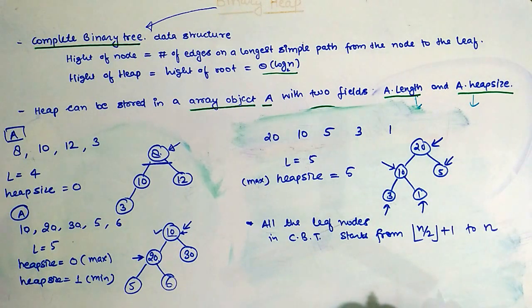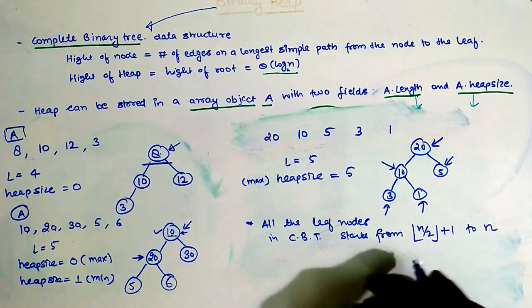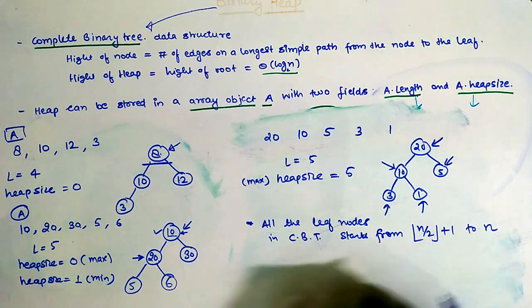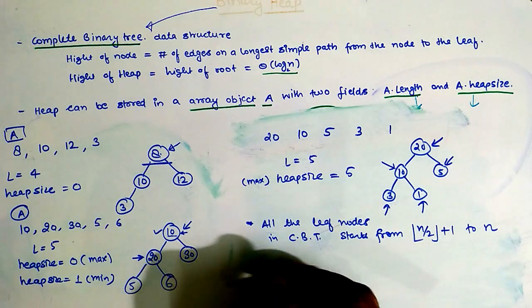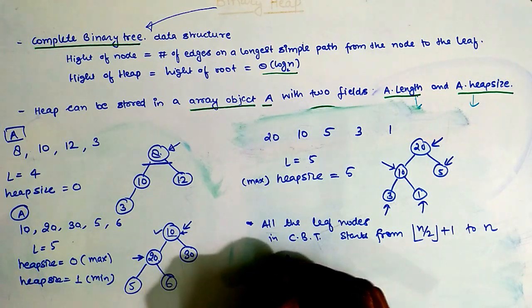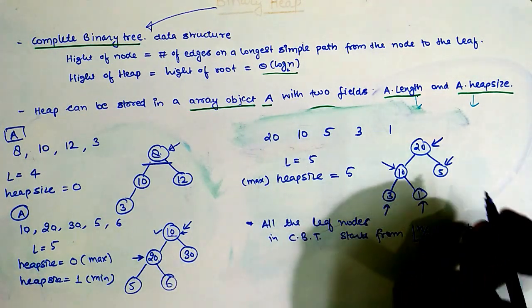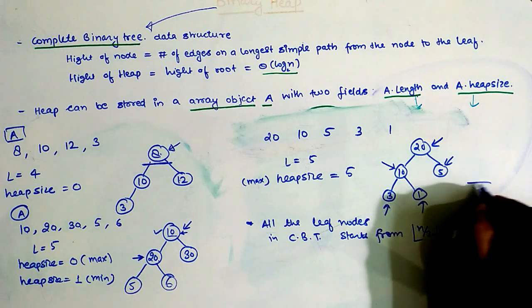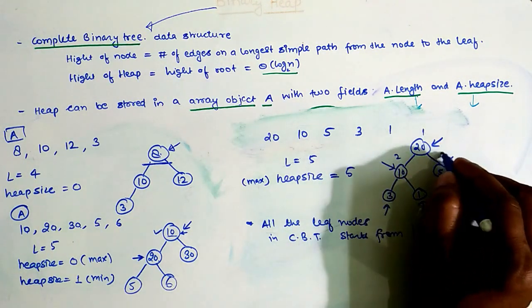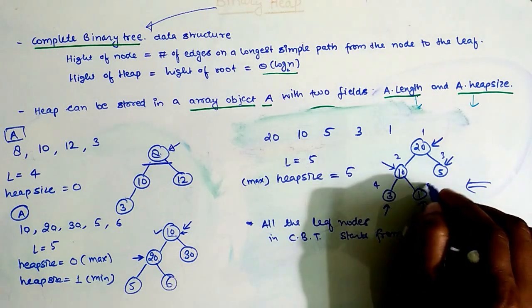So this says that, suppose we have 5 nodes. Let's take this tree as an example. In this tree we have 1, 2, 3, 4 and 5 nodes.